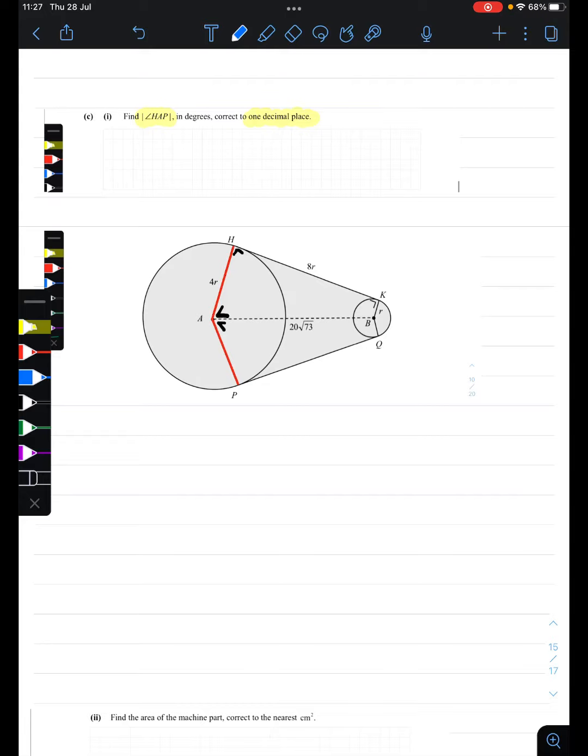So let's just draw that out. So what we're looking for, the angle HAP is equal to HAB plus PAB. Okay, we can just immediately see that.